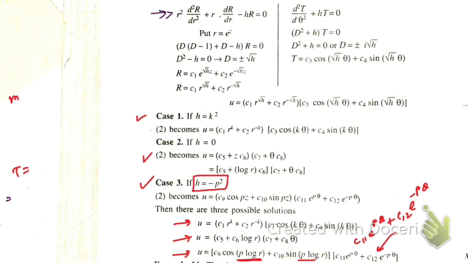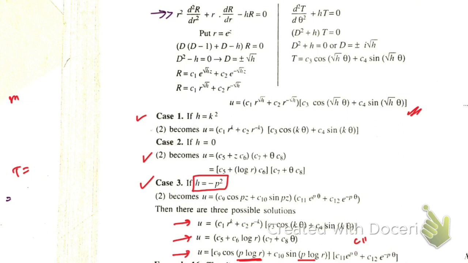Now you see, if you put h is equal to 0, then our answer should be like this. And if you put h is equal to k square, the answer should be of this form. Anyway, we are not going to discuss these things, but we can end here.